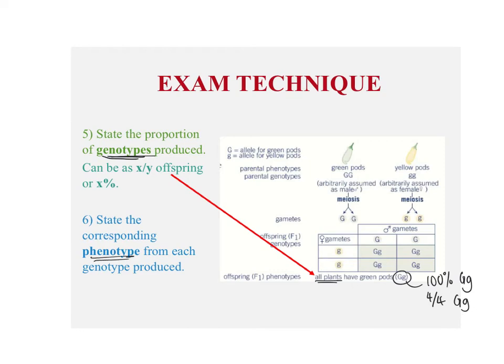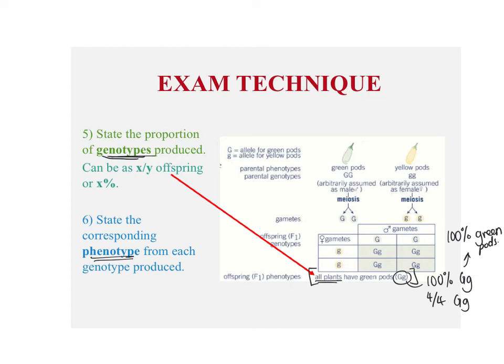And then you need to write down the phenotype that is produced from each of those genotypes. So they've done that nice and succinctly in this little statement here. But if I were to write 100% big G, little g, I could then write underneath it 100% green pods. And that's it. That's it done. Very simple, very easy to follow from your GCSE knowledge.